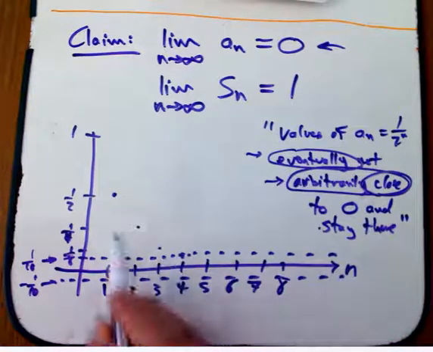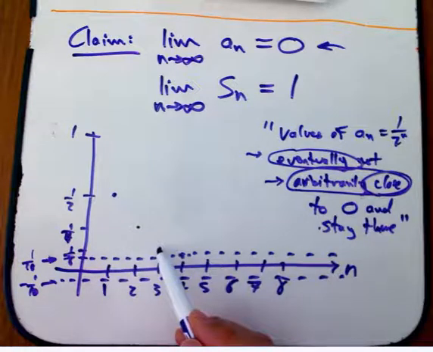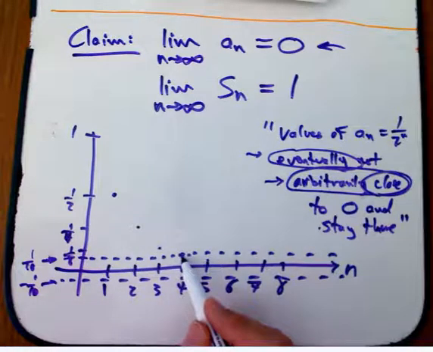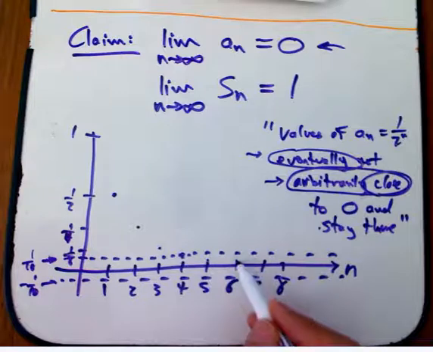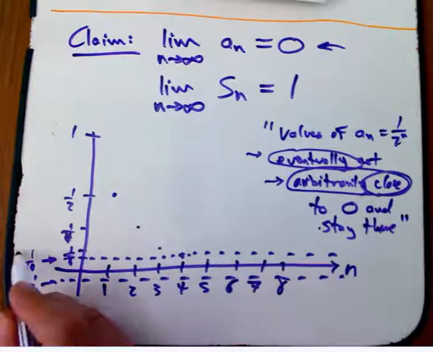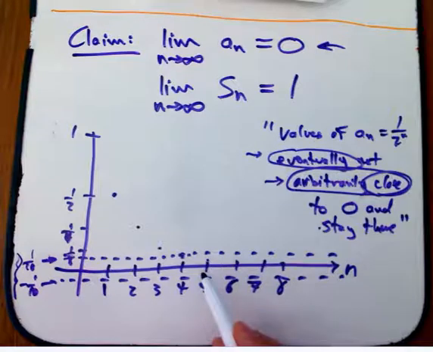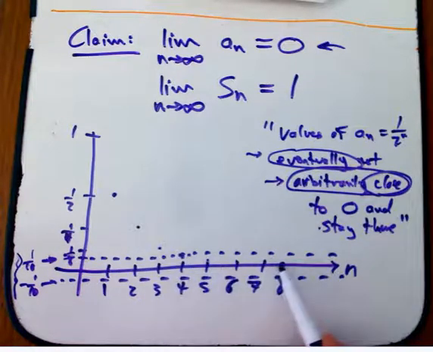And in fact, they do. After the first few terms that aren't anywhere close to 0, they get close. 1/16 is less than 1/10, 1/32, 1/64, 1/128. Those are all between minus 1/10 and 1/10. So to the person who's not particularly interested in amazing accuracy, that's looking good. These values are getting close enough to 0.